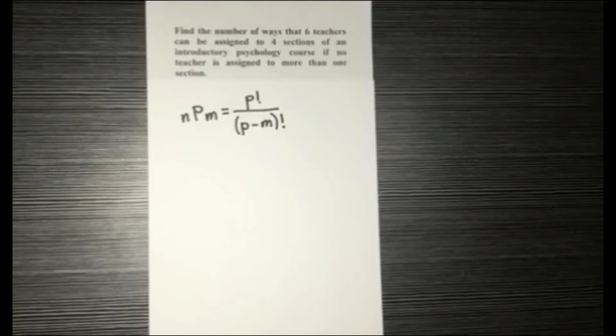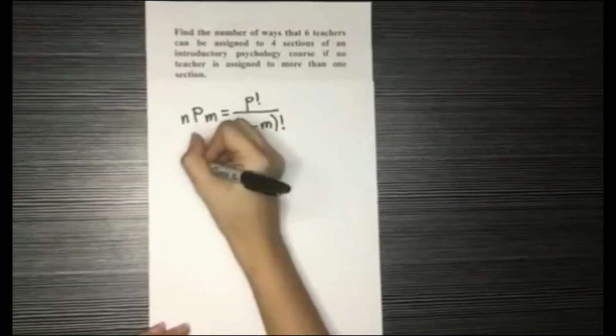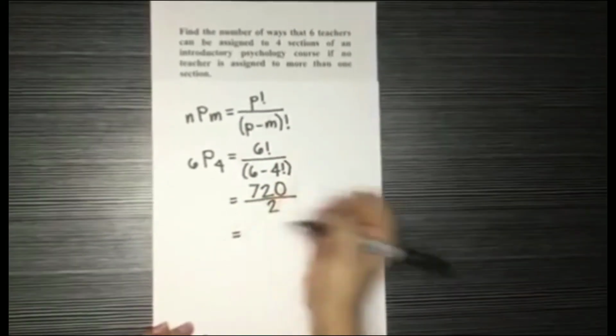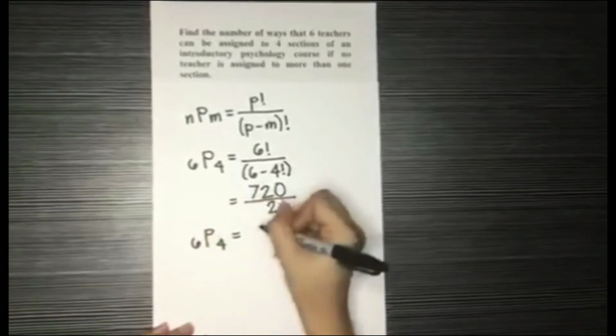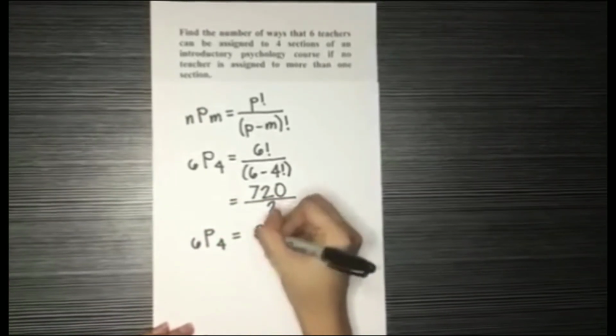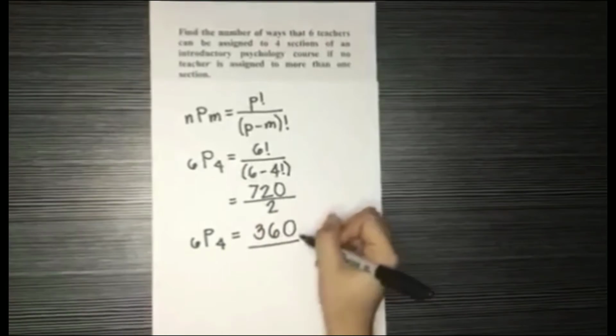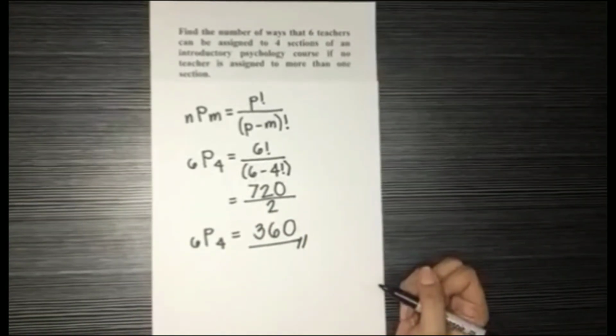The number of permutations of 6 distinct objects taken 4 at a time, 6P4, is 360. Therefore, there are 360 ways to assign 4 teachers to these sections.